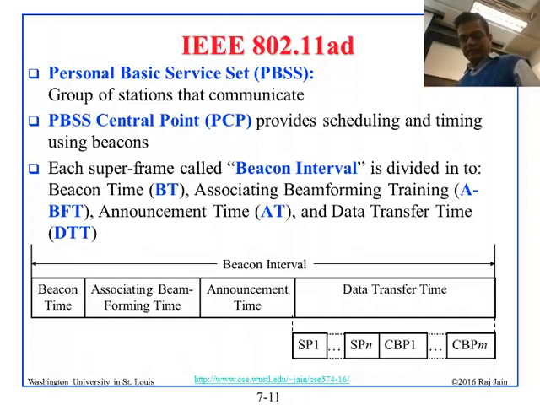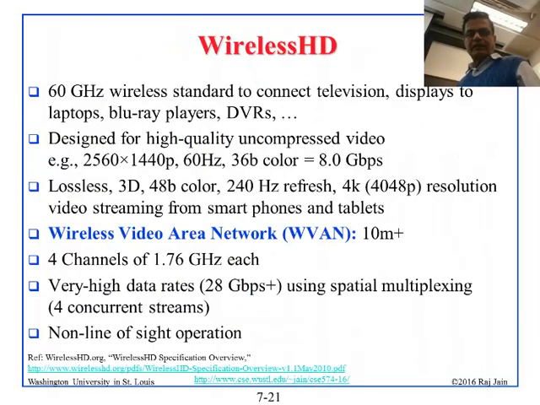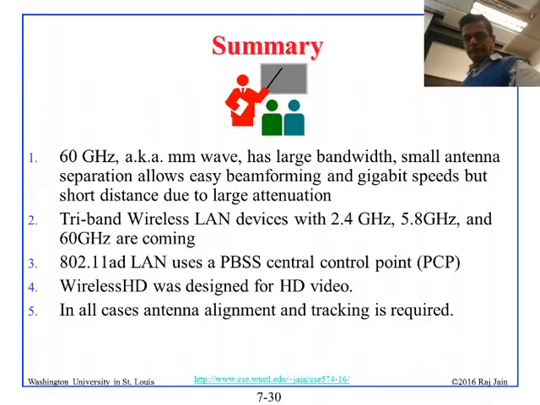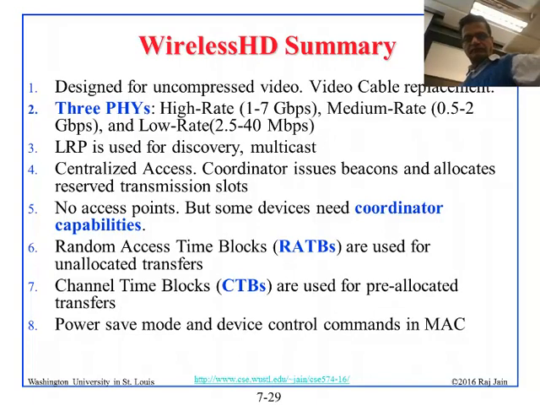So this is the same thing as RADB here in wireless HD. And channel time blocks, CTBs, are used for pre-allocated transfers. And then power save mode in device control.